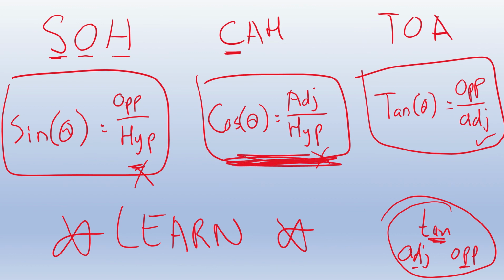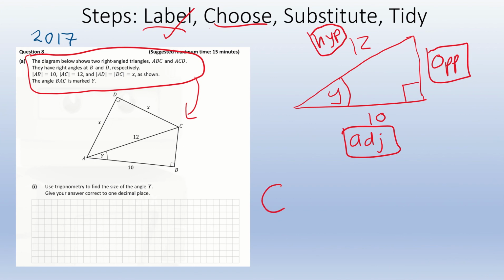So this one here. So I'm just going to scoot back to my question. I'm going to say that the cos of my angle is equal to adjacent over hypotenuse. And that's my choose part done.